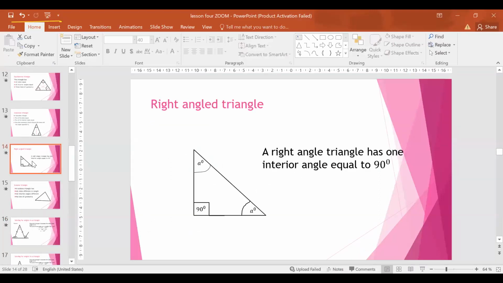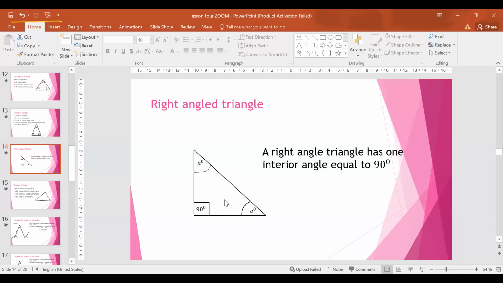You are talking of this? Yes, madam. So you see here, if here is 90 degrees, here will be 45 and here is 45, because the total is supposed to be 180 and you have 90 degrees here.